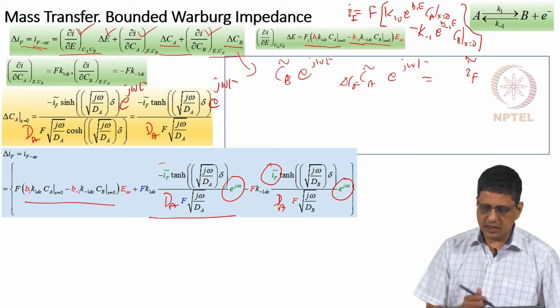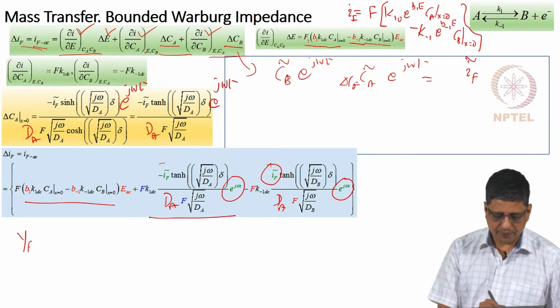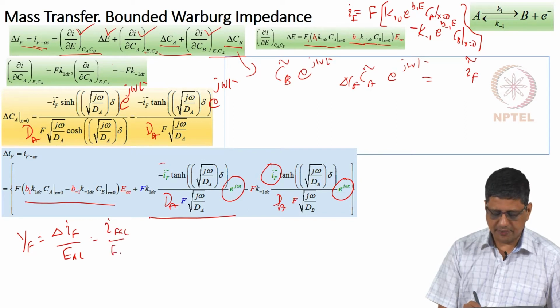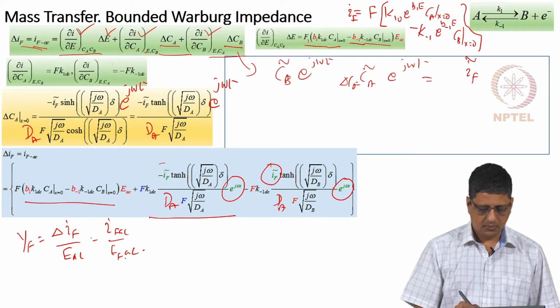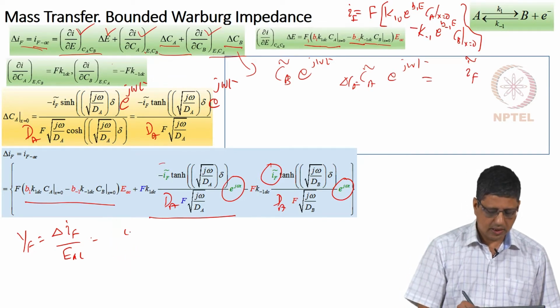So, we can rearrange and get an expression for IF AC by EF AC, and I am going to delete this so that I can show you that.